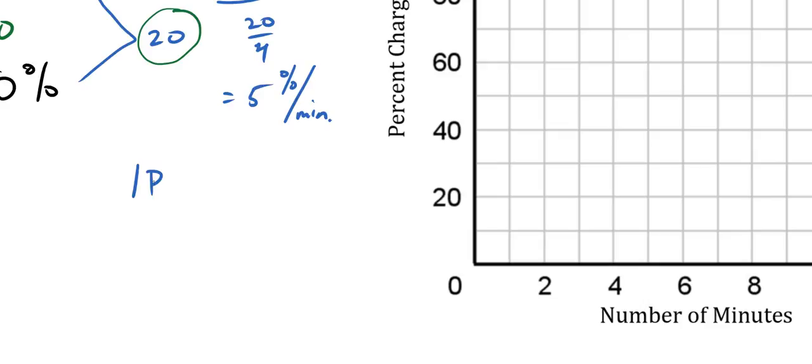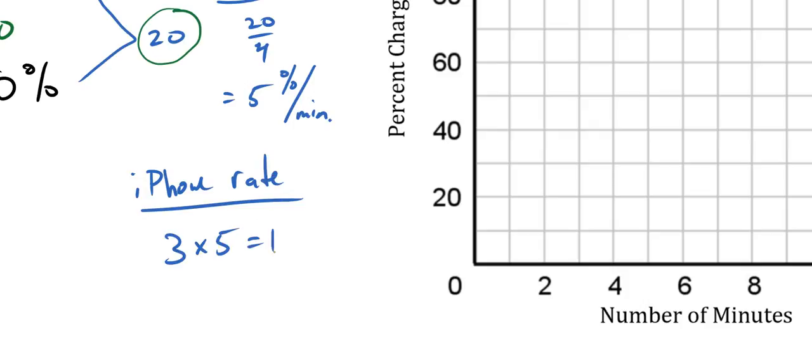So the iPhone rate is 3 times 5, which is 15% per minute. That is absurd. They do not charge that fast, but it's just a made-up question, right? Someday maybe they will.